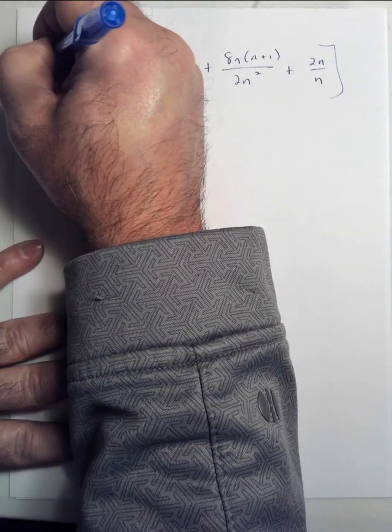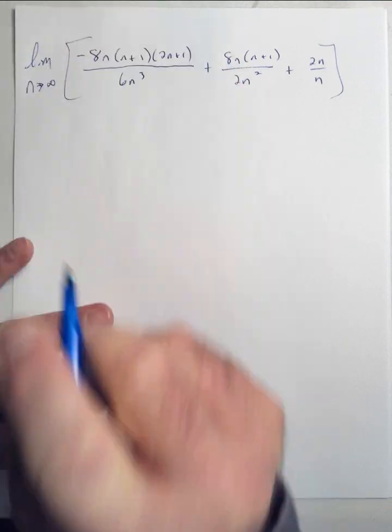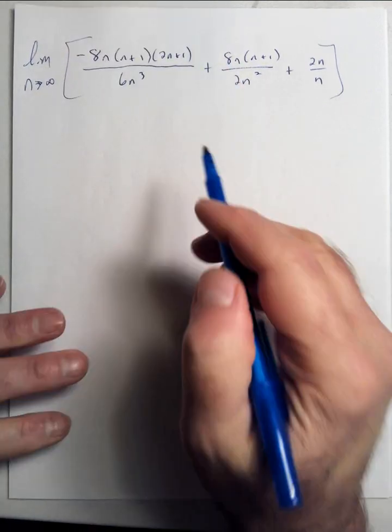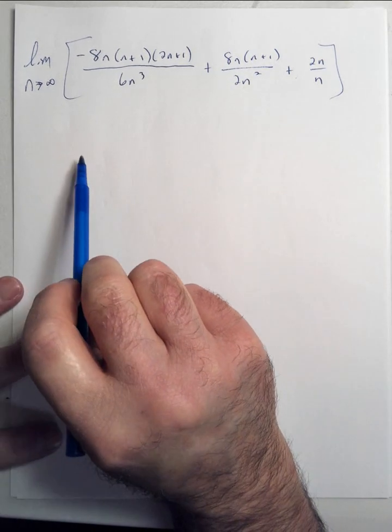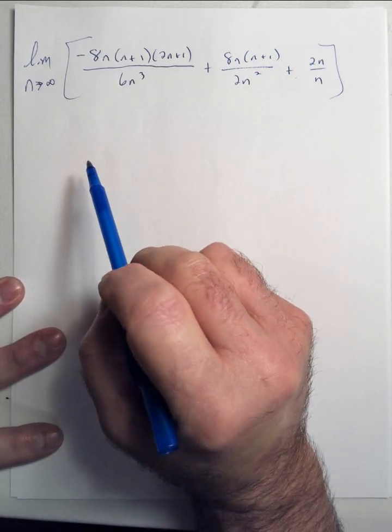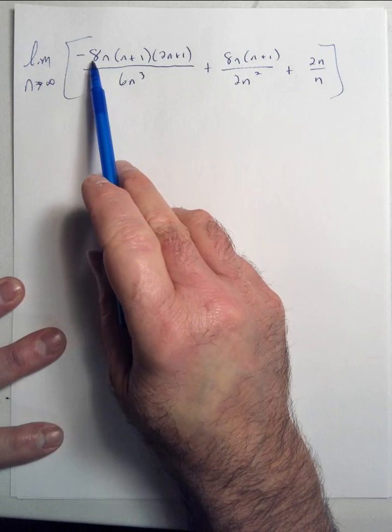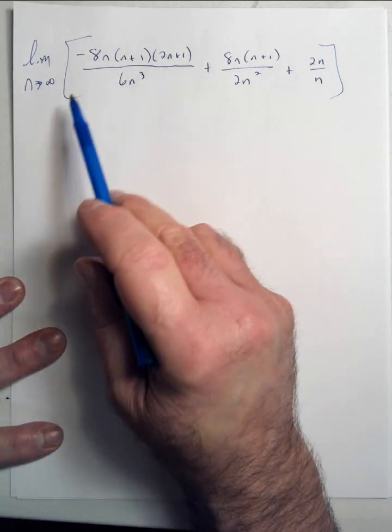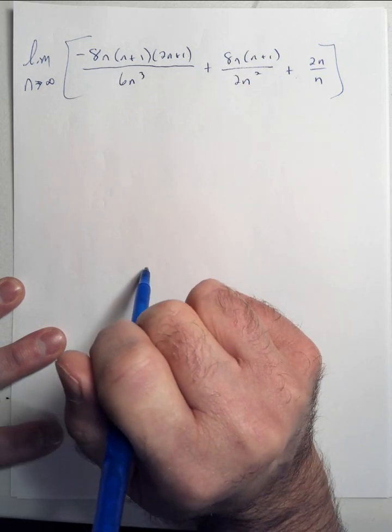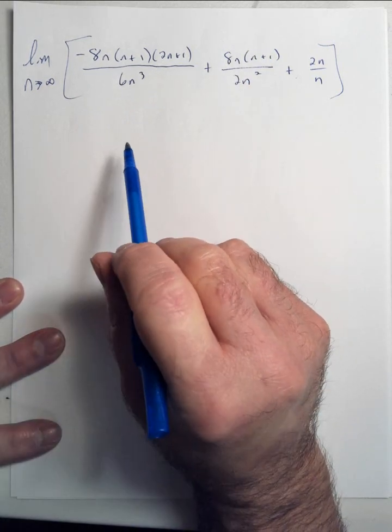And now we want to apply the limit as n goes to infinity. So again, the limit of the sum is equal to the sum of the 3 limits. So we're only looking for leading coefficients here. So I have negative 8 times 2. If you notice, we've got n times n times n is n cubed, and all of these are going to be degrees where they're equal on the top and the bottom.